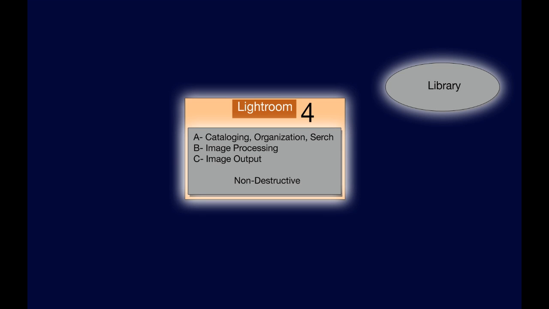Then we have catalog. It's going to catalog your images. And by catalog your images, it simply means that you're going to have some information about your images. You're going to know, for example, if you have 1, 2, 3, 4, 5 stars. It has many ways where you give it information about your picture, and then you have different ways of knowing.